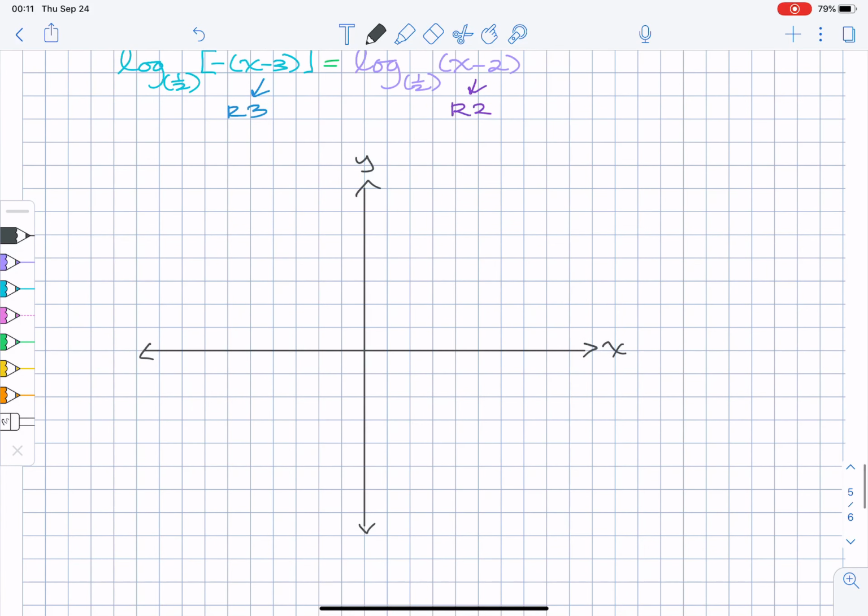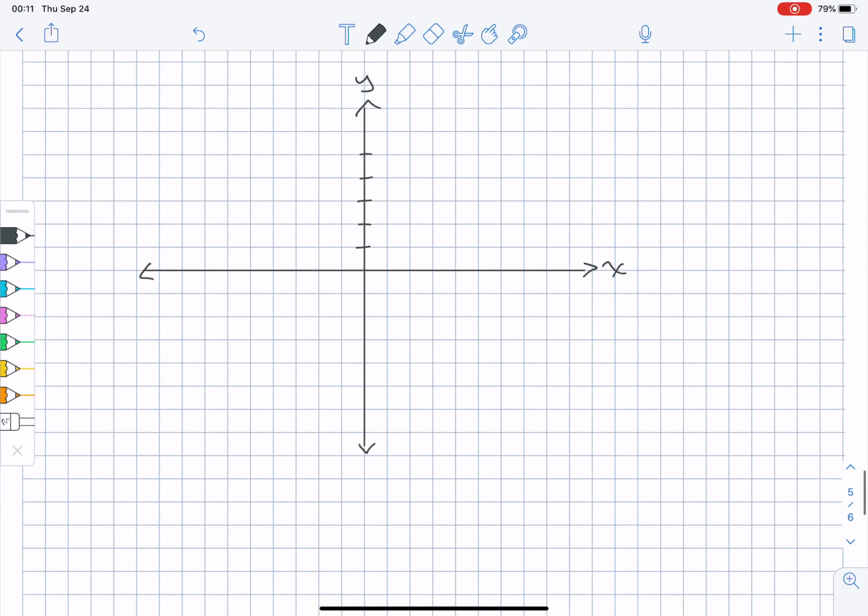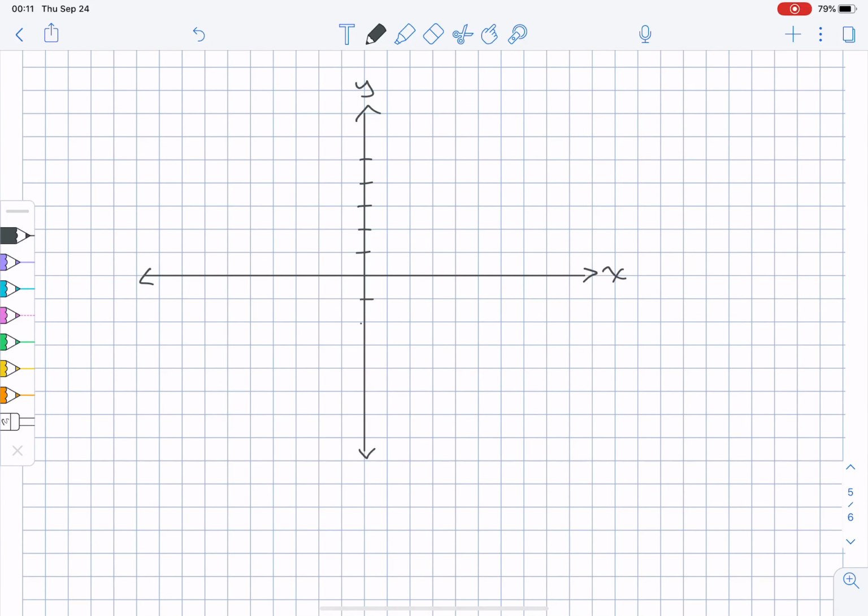Let's do 1, 2, 3, 4, 5. These are just left and right, no ups and downs. 1, 2, 3, 4, 5. 1, 2, 3, 4, 5, 6, 7, 8.